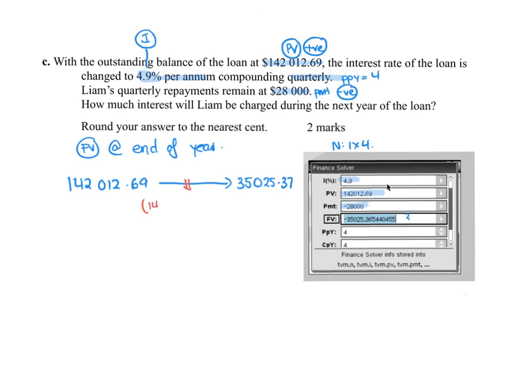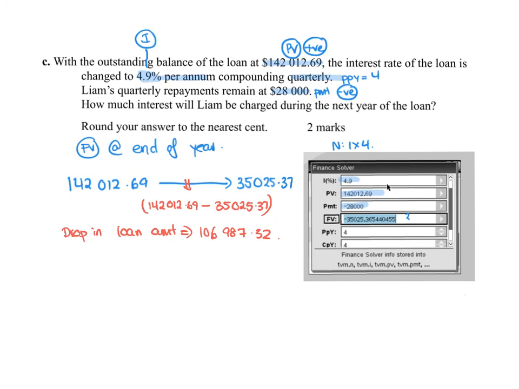I'm going to work that out by just going 142,012.69 minus the 35,025.37. So this is going to tell me the drop in loan amount. So the drop in loan amount was 106,987.32. So that's how much the loan has dropped.